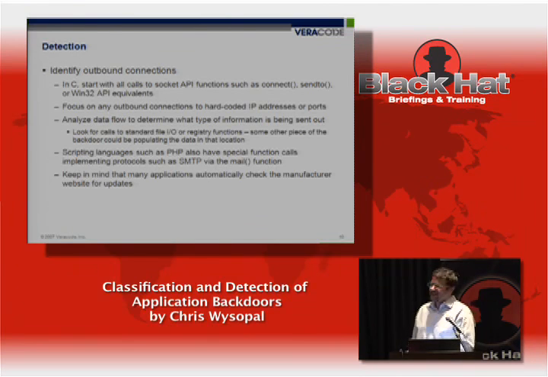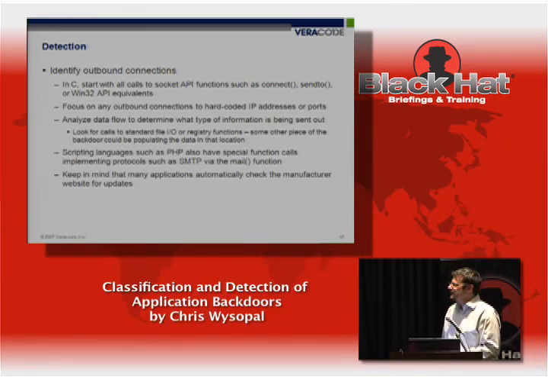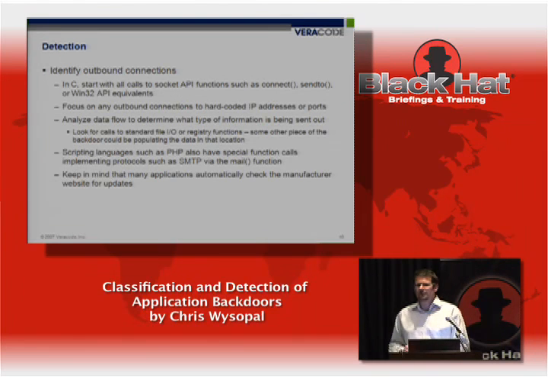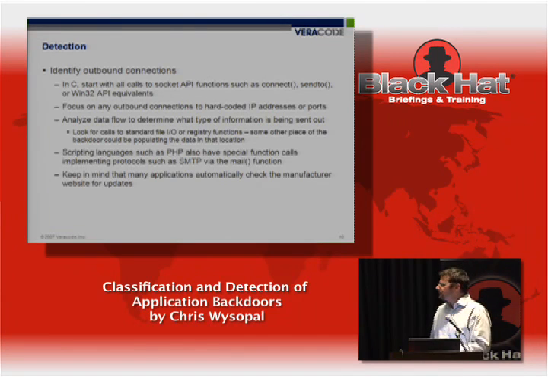So to detect these kinds of vulnerabilities, backdoors, we're going to look for the network socket functions, and we're just going to audit all the socket functions in the program, connect, send, to the Win32 equivalents. Going to look for any hard-coded IP addresses and ports, and make sure those are ports that the program is supposed to be communicating on.